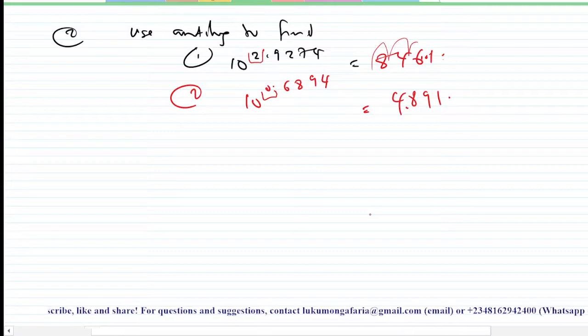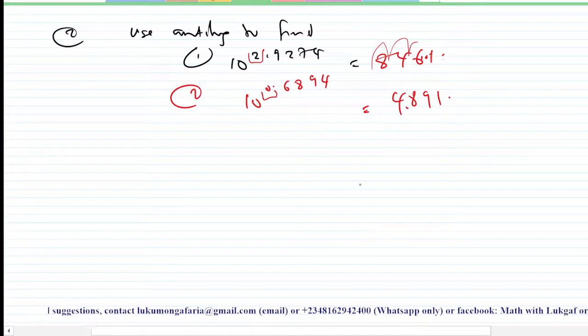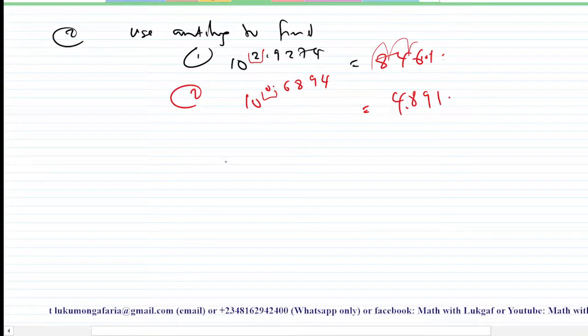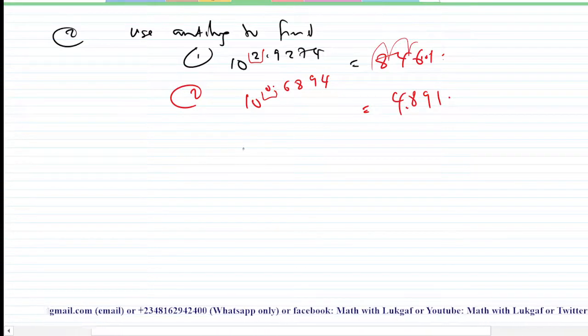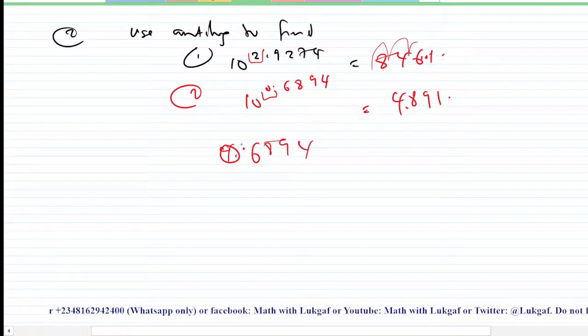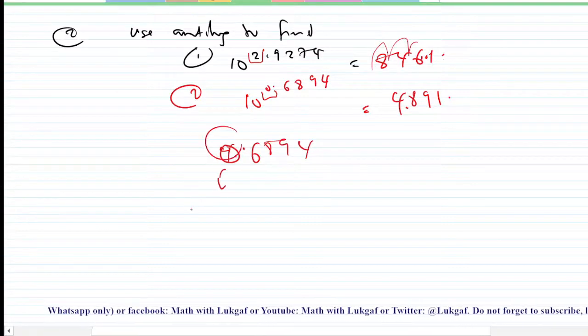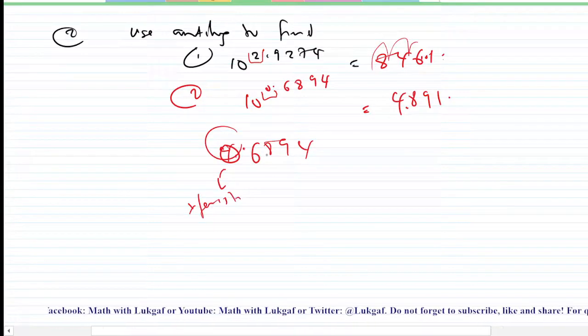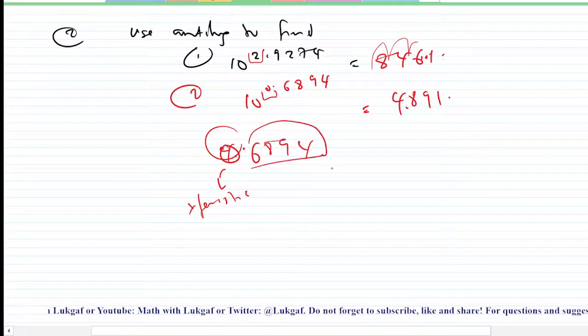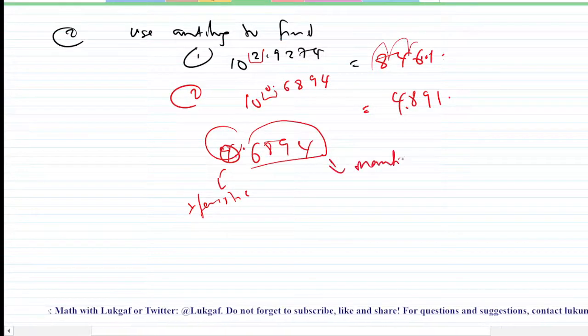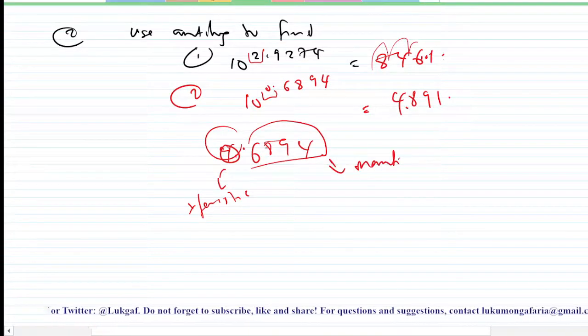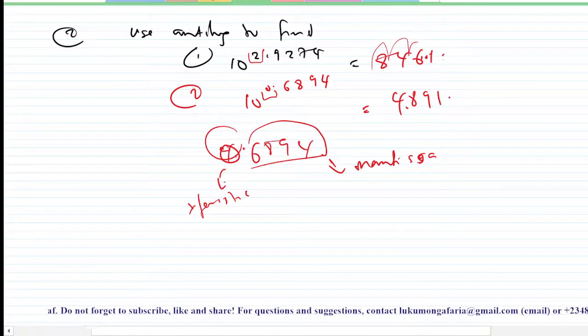Remember what I told you, that logarithm of a number has 2 parts. That is the characteristics part, then you have your mantissa, that is the number after the decimal. The part before the decimal is called what?